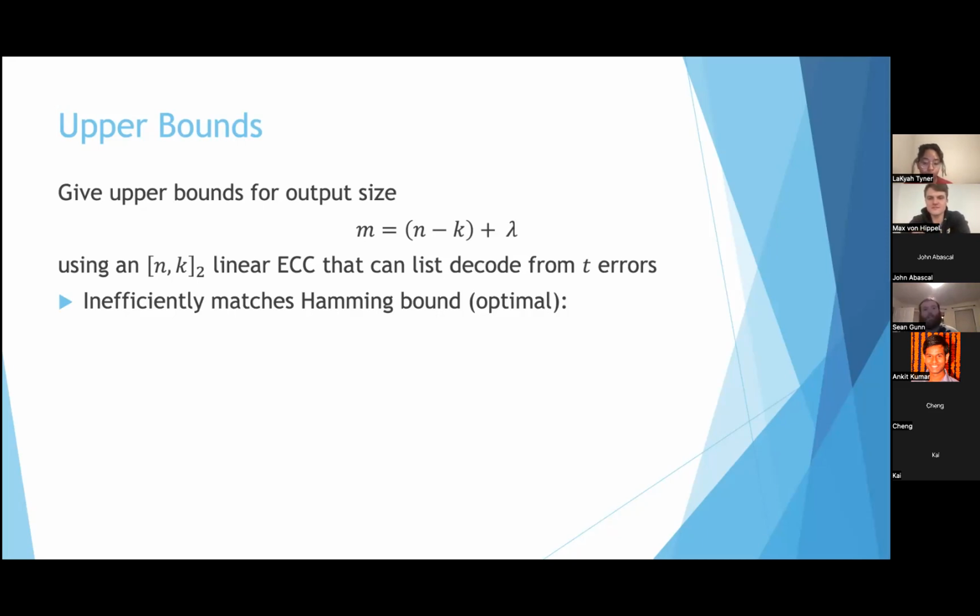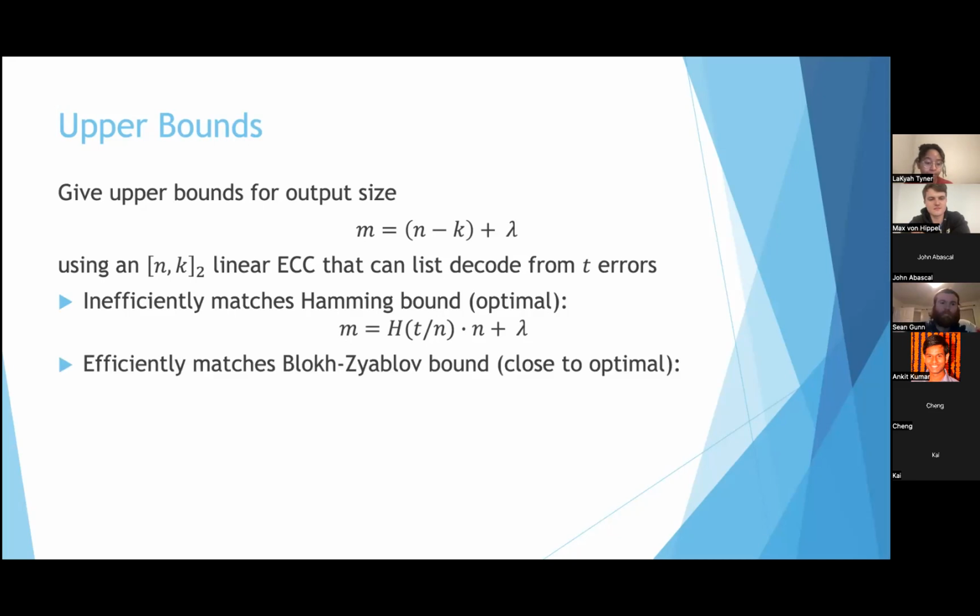Using those codes, we can get an output size of m equals h of T over n times n plus lambda. If we're using efficient codes that match the Blinovsky bound, then we get a slightly larger output size, but it's very close. The difference between this H_BZ term and this H term is not very large.